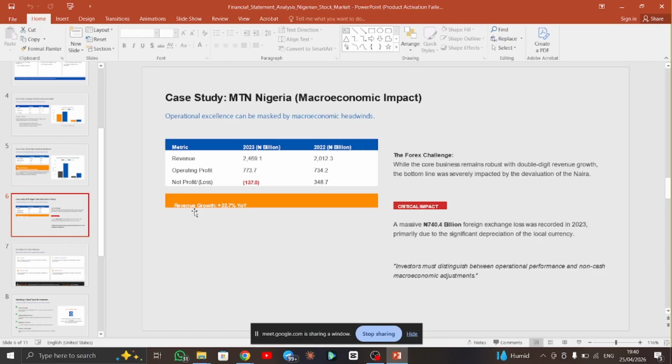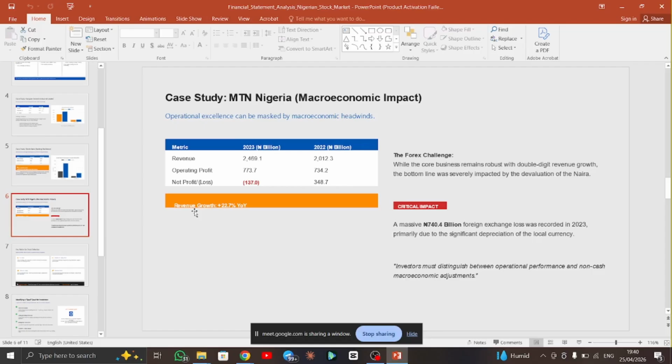So now this is a problem of exchange rates. When we talk about naira devaluation, a decrease in the value of naira, that's what affected the profit. And you know that MTN is a foreign company, right?